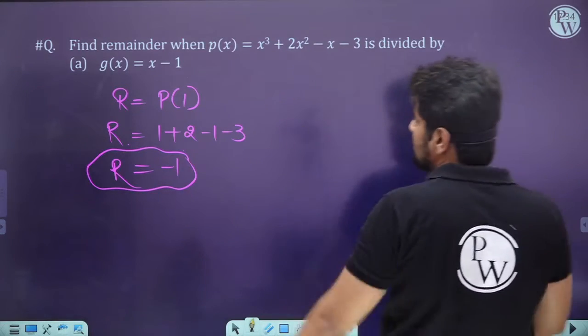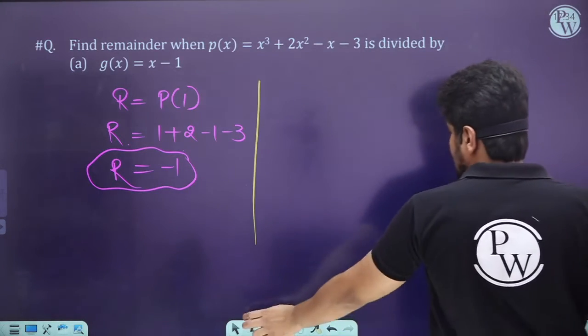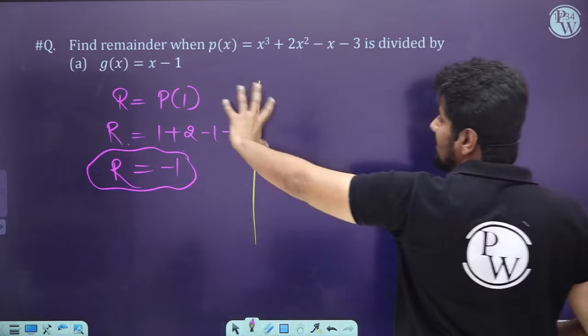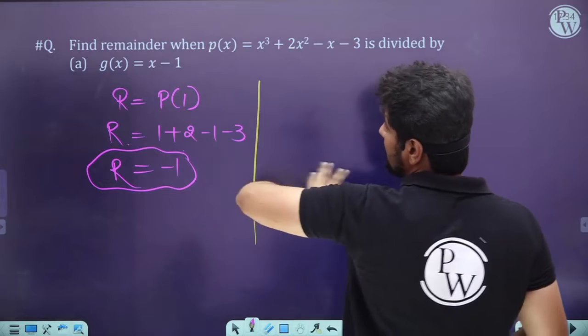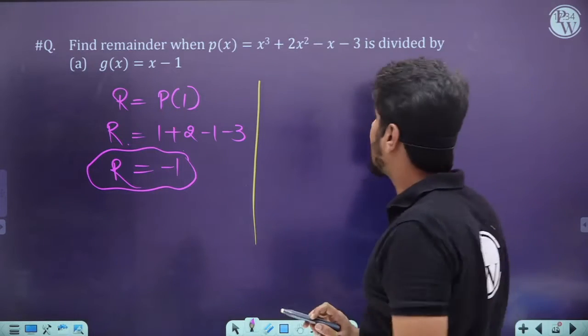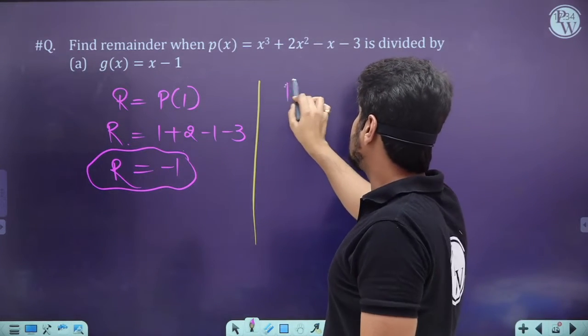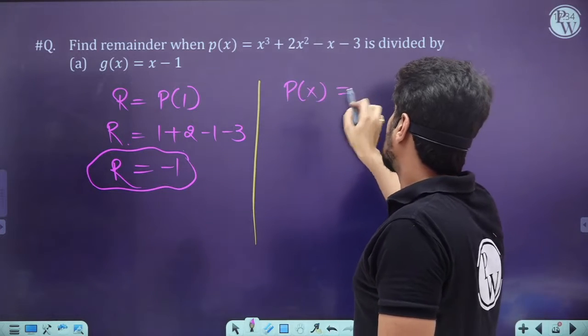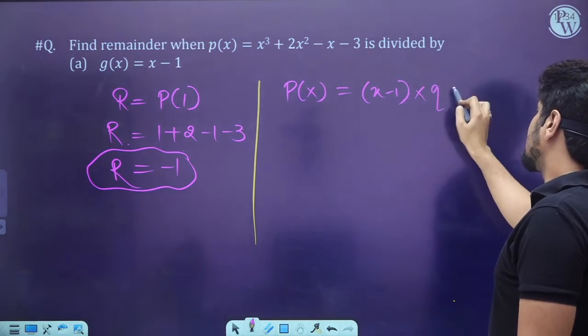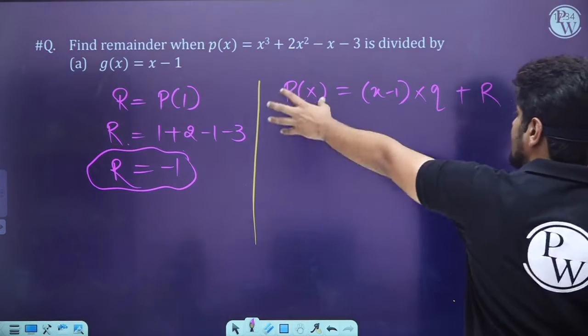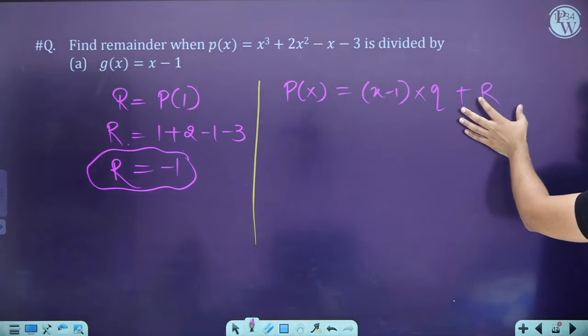Directly using the remainder theorem. Now let's again understand the reasoning behind it. Why are we putting p of 1, why the remainder is p of 1. The reasoning is that see, there is a polynomial p of x, the divisor is x minus 1. There will be some quotient, there will be some remainder. Dividend is equal to divisor multiplied by quotient plus remainder.